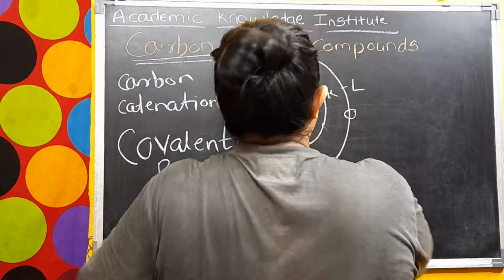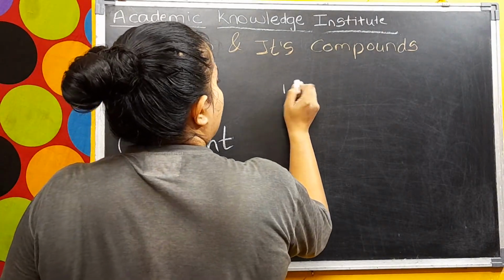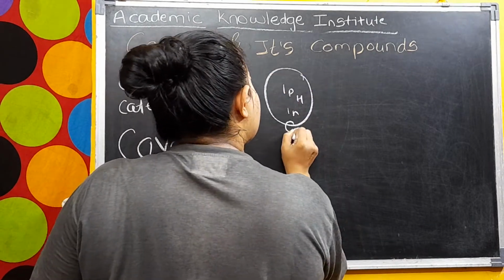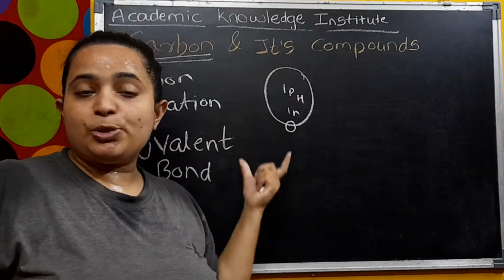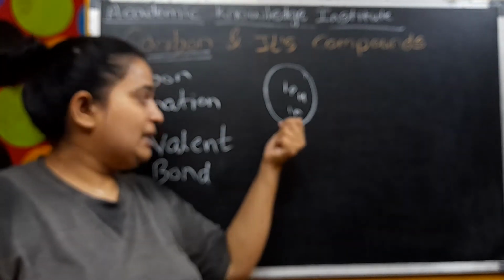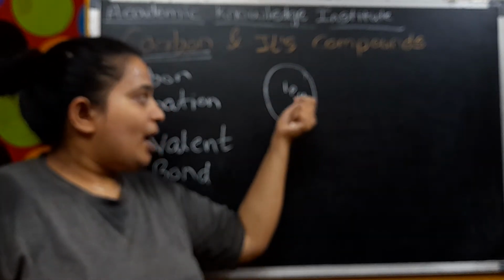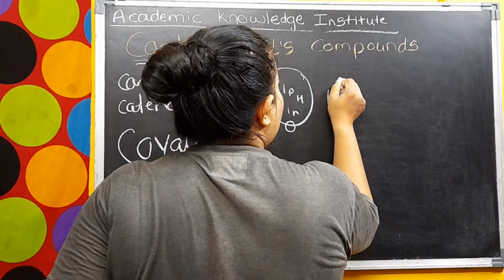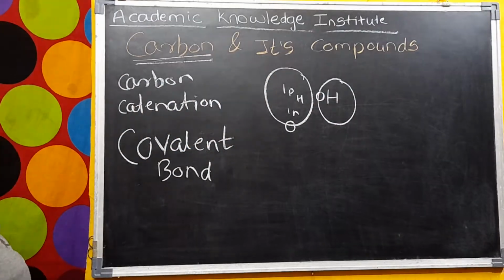See here, this is 1 proton, 1 neutron, then this electron, right? According to the duet rule, hydrogen also requires 1 more electron in its last shell, because there should be 2 electrons in the last shell. So hydrogen will take 1 more electron from another hydrogen.